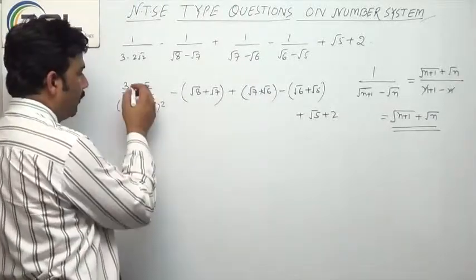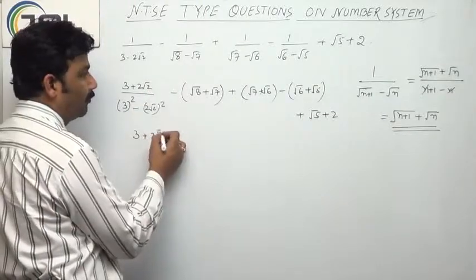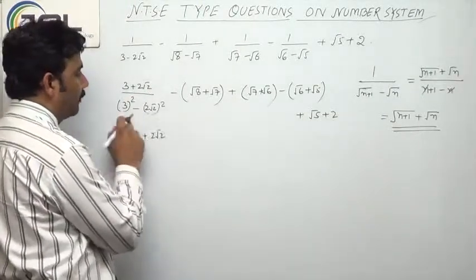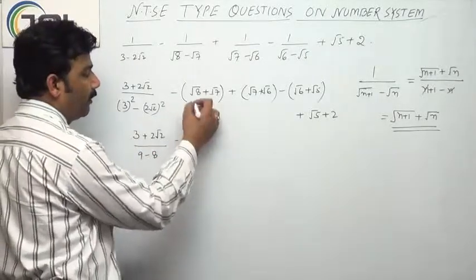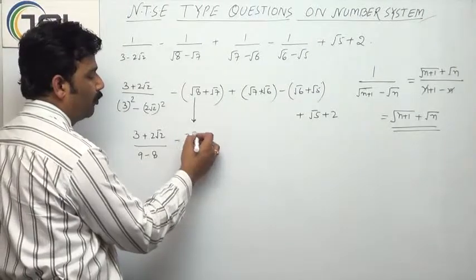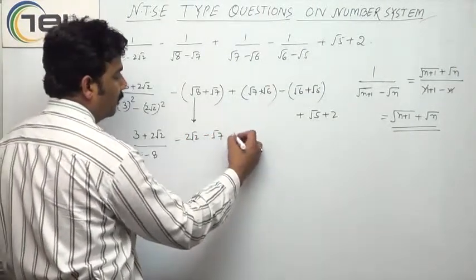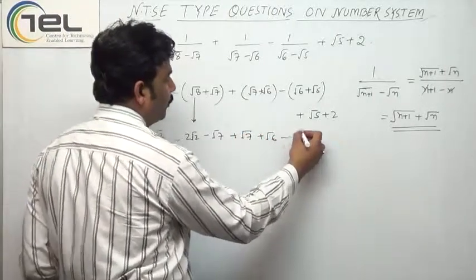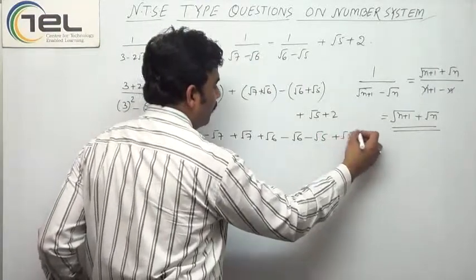So what is happening here? It will be 3 plus 2 root 2, and the denominator becomes 9 minus 8, which is 1. So 2 root 2 minus root 7 plus root 7 plus root 6 minus root 6 minus root 5 plus root 5 plus 2.